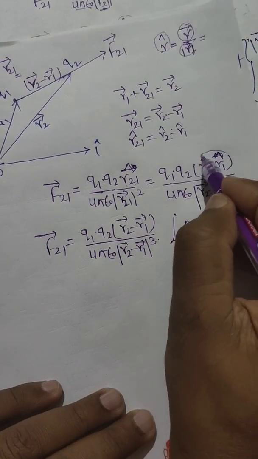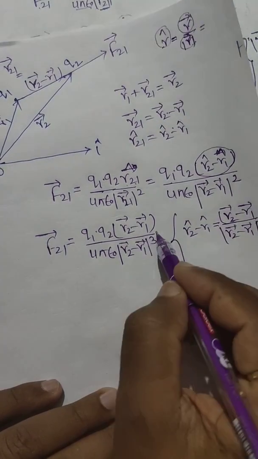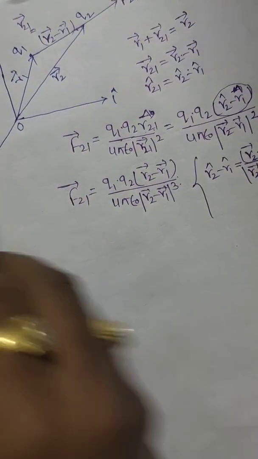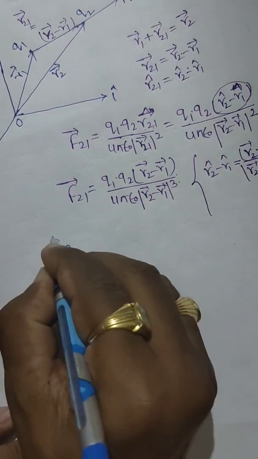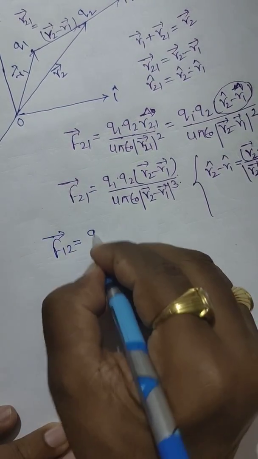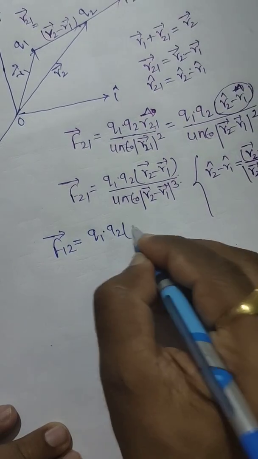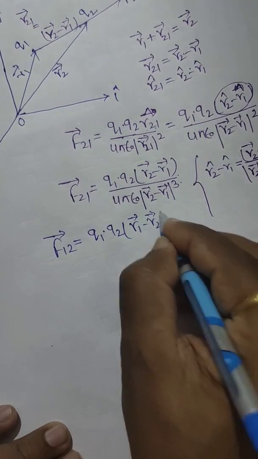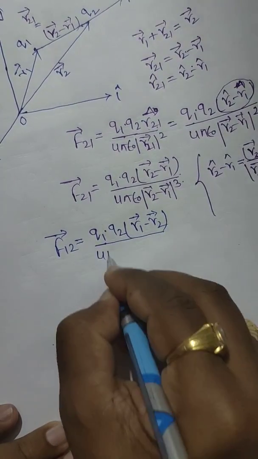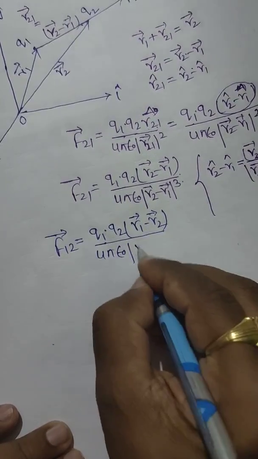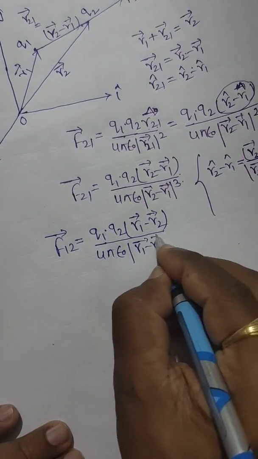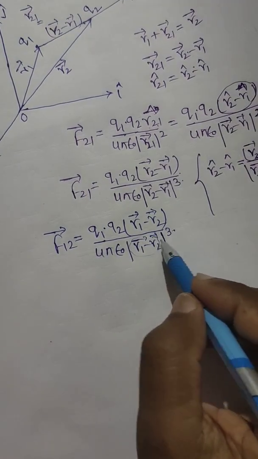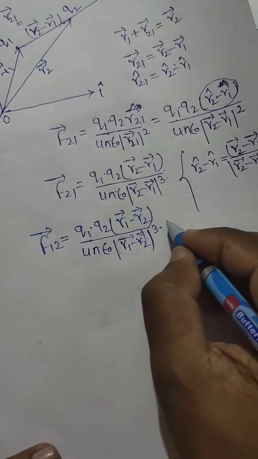So we can put the value of this vector in this form, so we get this equation. Similarly, F12 can be written as Q1 Q2 R1 minus R2 vector upon 4 pi epsilon naught R1 minus R2 cube.